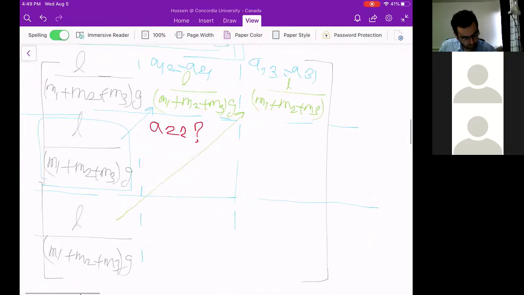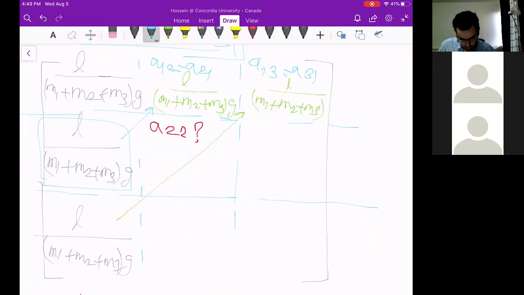L2 over M2 plus M3 g plus L1 over M1 plus M2 plus M3 g.